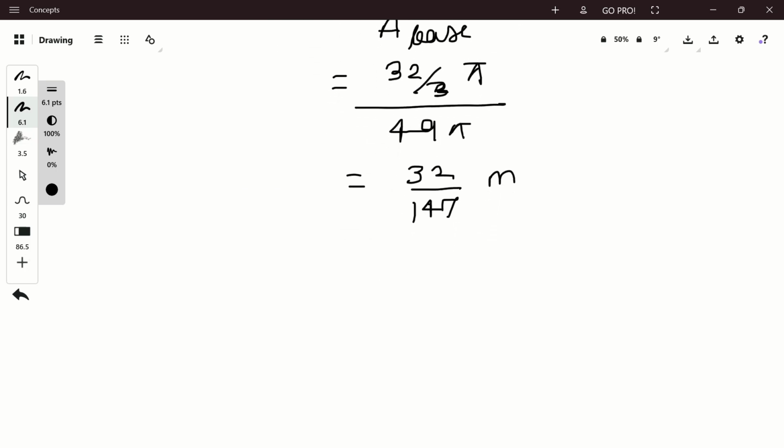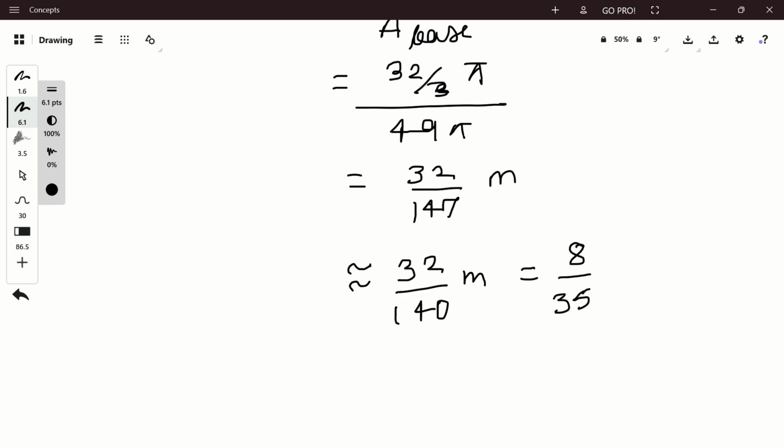The calculated value of 32 upon 147 meter can be approximated as 32 by 140 meters, which is equal to 8 by 35 meters.